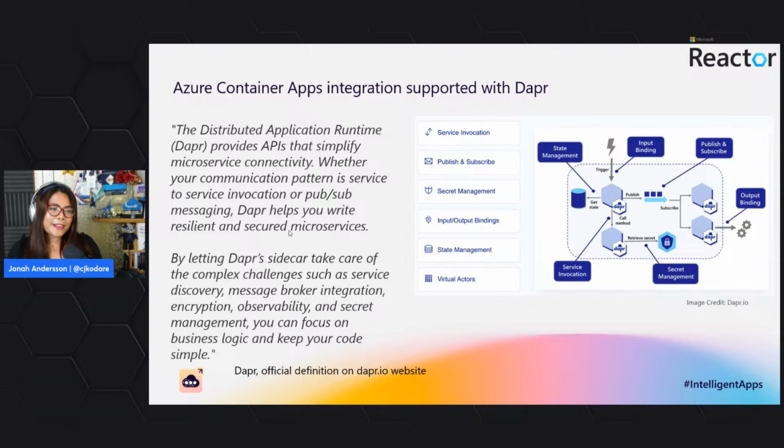Dapr is an abbreviation of Distributed Application Runtime, and it allows us, in simple terms, without reading all the text here, you can read it yourself on the website. But what it does is that it improves how we integrate the different APIs, or the microservices that we have in our systems or application.